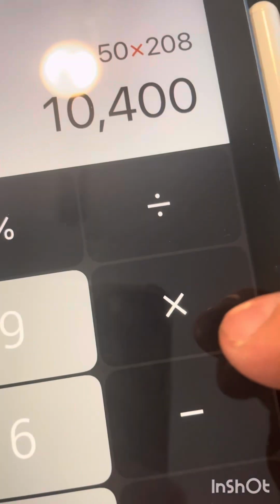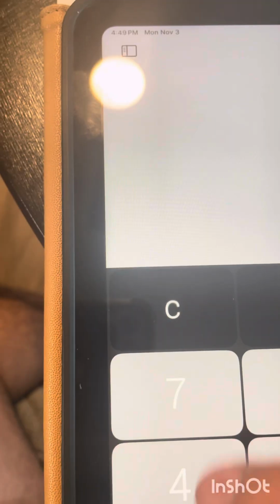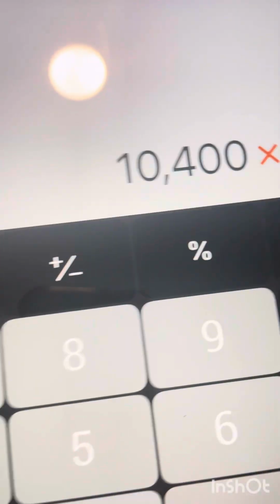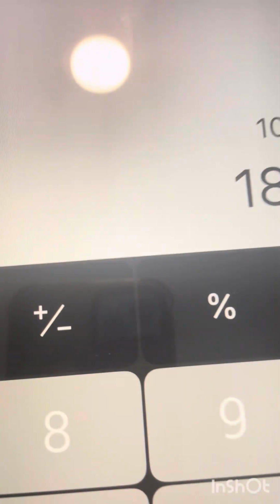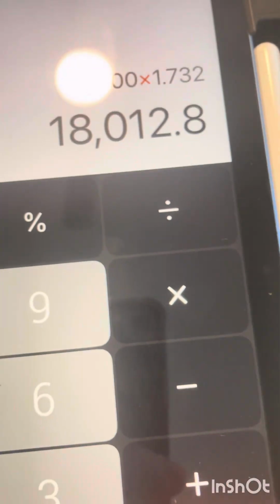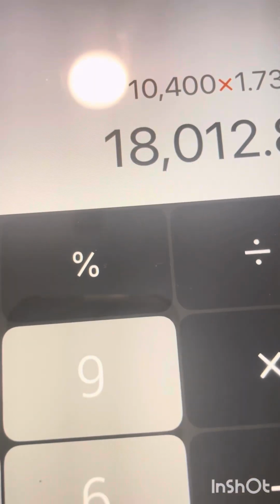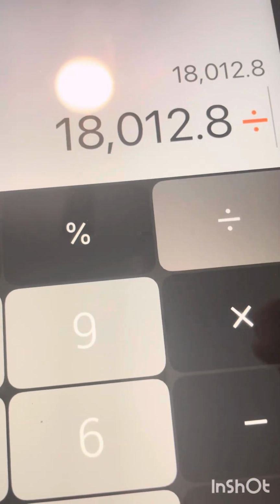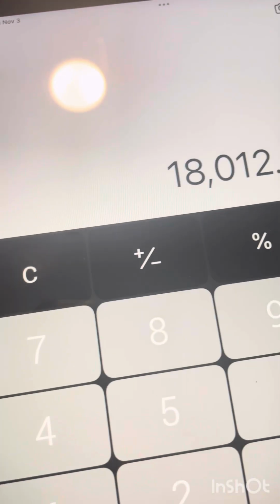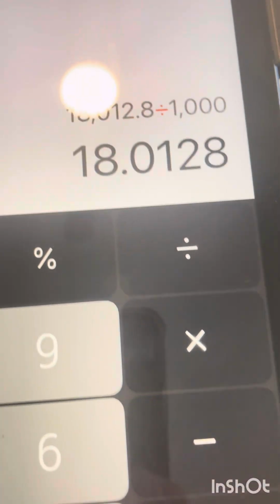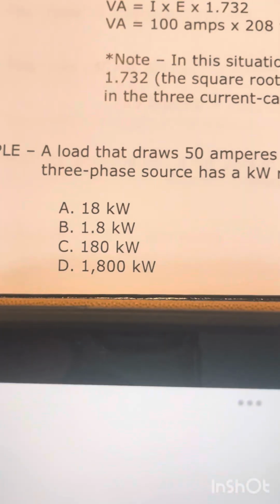You multiply the 10,400 times 1.732 equals 18,012.8. And then to get the kilowatts, what do we do? Well, you divide it by 1,000. Gives you 18.01.